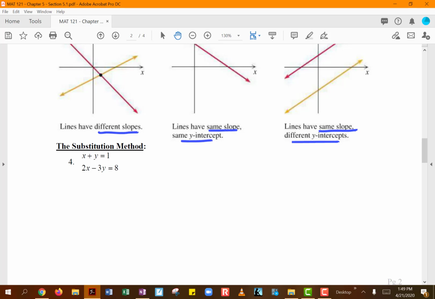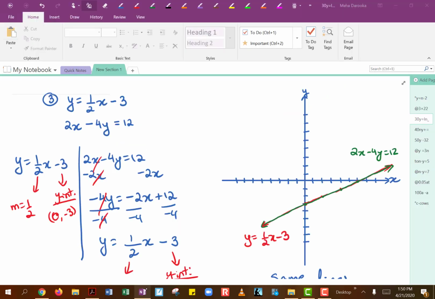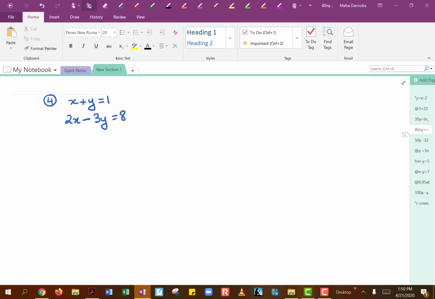Again, you should be familiar with the substitution method, but let's take a look at how we can solve this. Let's go on to example 4, and we are given x plus y equals 1, 2x minus 3y equals 8. In the substitution method, you are taking one equation and substituting it inside the other one.